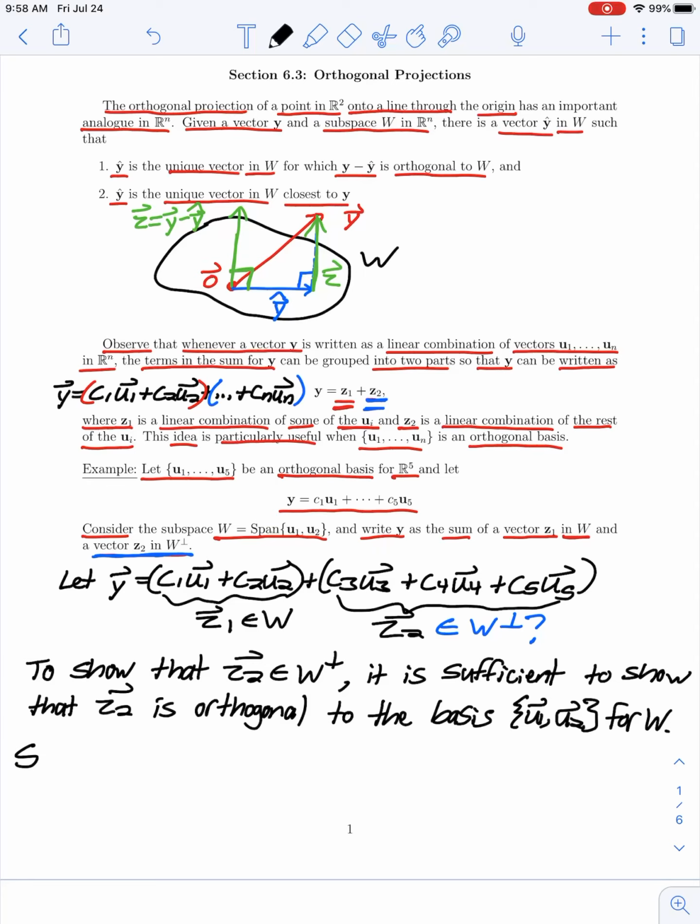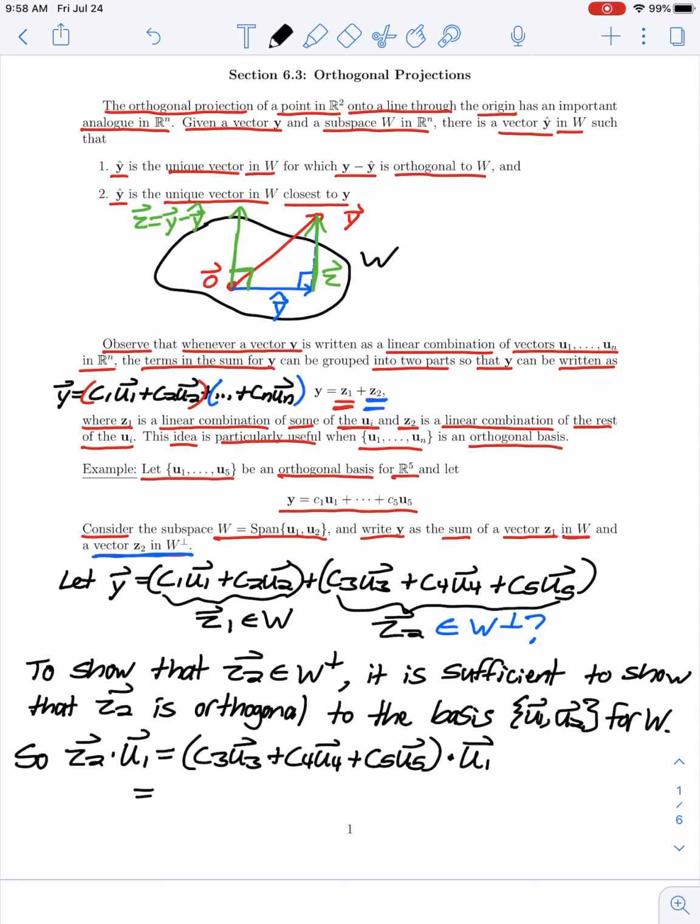So let's consider the dot product of Z2 with U1, the first basis vector. Z2 is defined as C3 U3 plus C4 U4 plus C5 U5, and we're taking the dot product with U1.